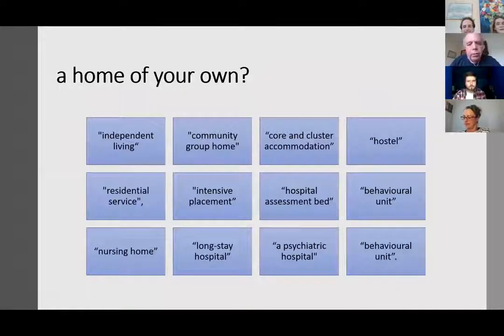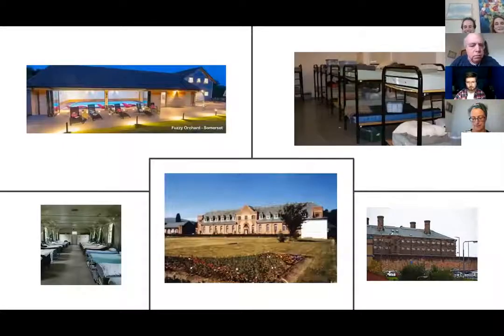And I think in the work we do, we know that lots of people don't have a place to call home. They live in places like this. Hospitals, homes, placements, hostels, units, that kind of thing. They live in places like this, or have historically lived in places like this.